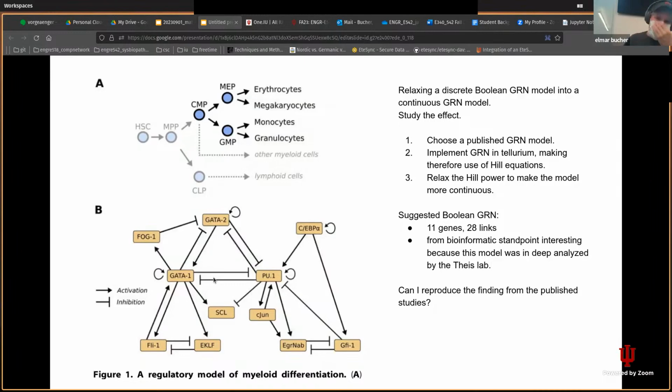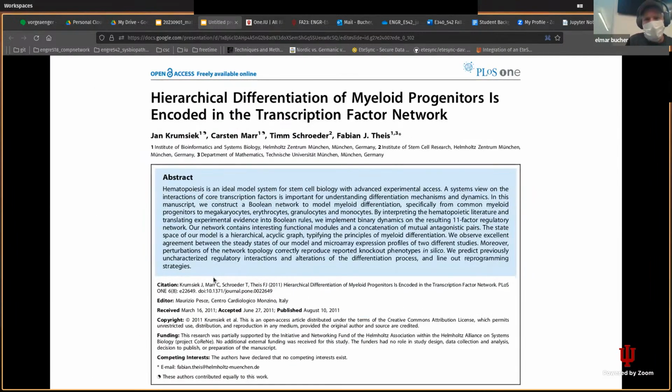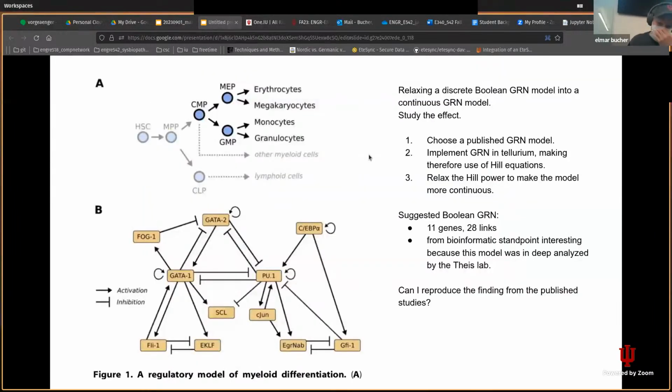This model is from the Theis lab. The Theis lab is a German lab, but they wrote quite a nice Python software analysis package for single cell data analysis. And among others, they have deeply analyzed this model. So the reason that I would like to choose this model is, can I take this model, implement it in Tellurium, and reproduce what they have done and understand their findings?